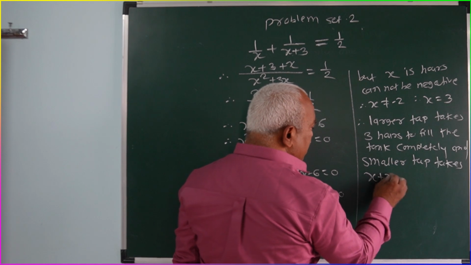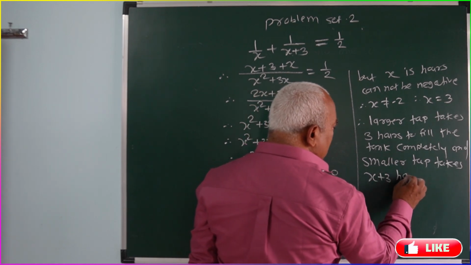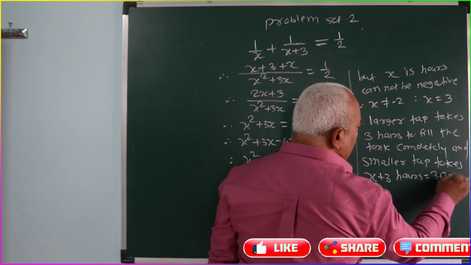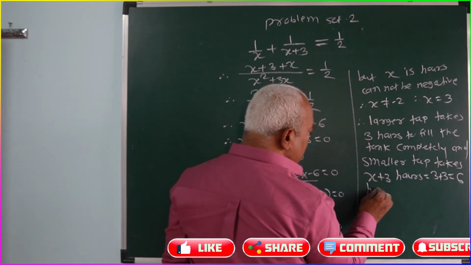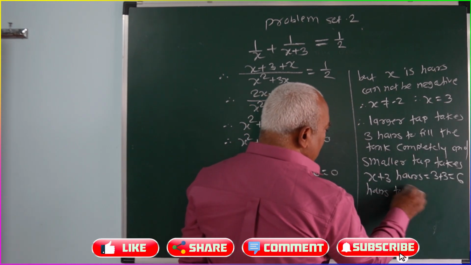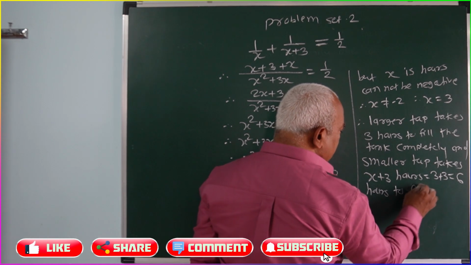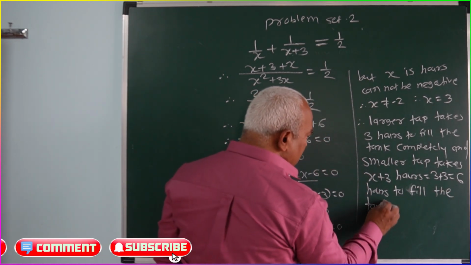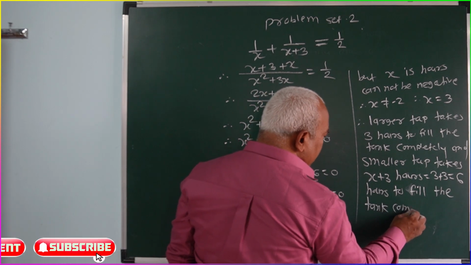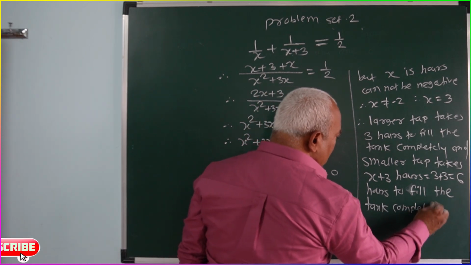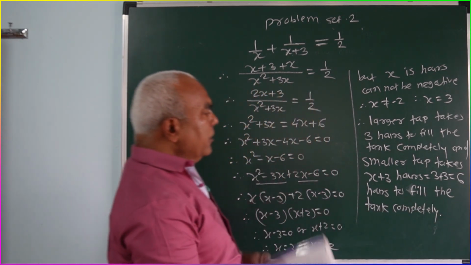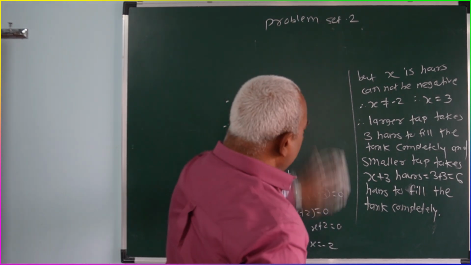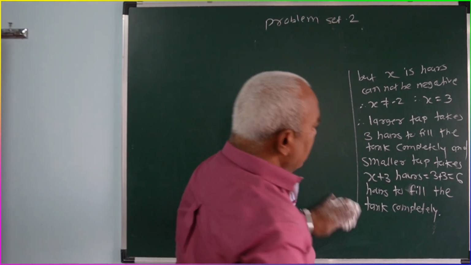X plus 3 hours. X plus 3 hours, where x is 3, means 3 plus 3 equals 6 hours to fill the tank completely. See, to fill that tank completely, it requires 6 hours. The larger tap takes 3 hours, the smaller tap takes 6 hours.